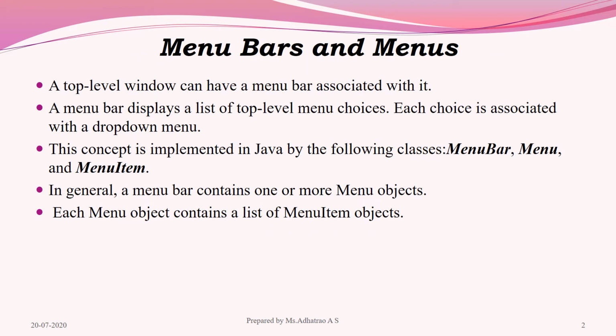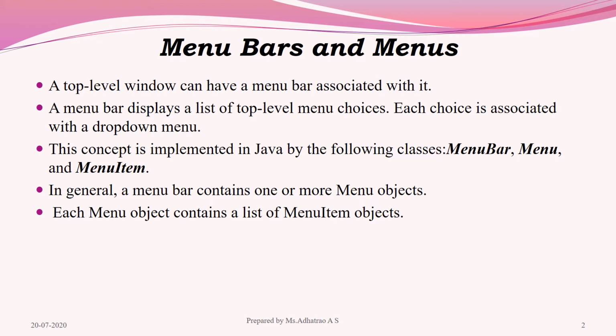So, menu bars and menus. A top-level window can have a menu bar associated with it. A menu bar displays a list of top-level menu choices. Each choice is associated with a drop-down menu.